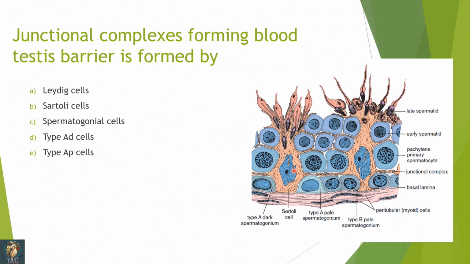Here you can see these are the Sertoli cells, which are supportive cells in the testicular epithelium, and these are the cells which are present in different phases of development. These are the spermatogonial cells, and here you can see the tight junctional complexes which are present between two Sertoli cells, and this tight junctional complex is the basis for the blood testis barrier. So the correct option over here is the Sertoli cell.